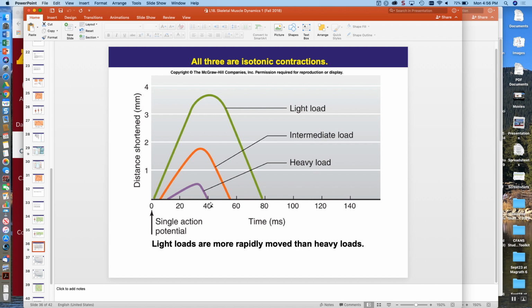So how do we actually calculate velocity? If you look at this graph, velocity is distance over time. So if this is distance on the y-axis and this is time on the x-axis, what we're doing is we're looking at the slope of the graph. So the green line has a pretty high slope, okay? And we can graph that here.